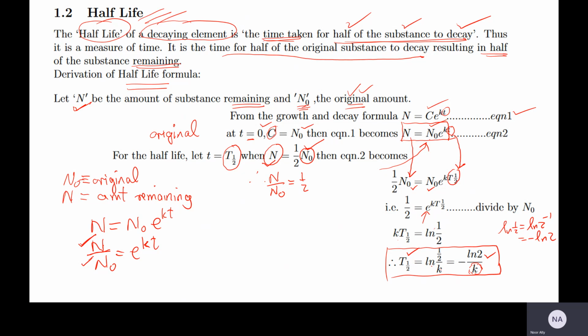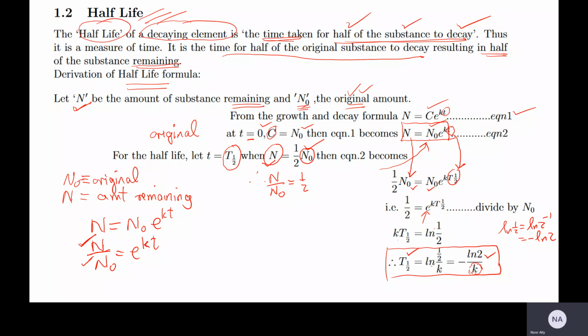Now, this is a derivation for half-life. It follows very closely on the previous derivation. At this point, you may need another viewing to really understand the depth and significance of half-life.